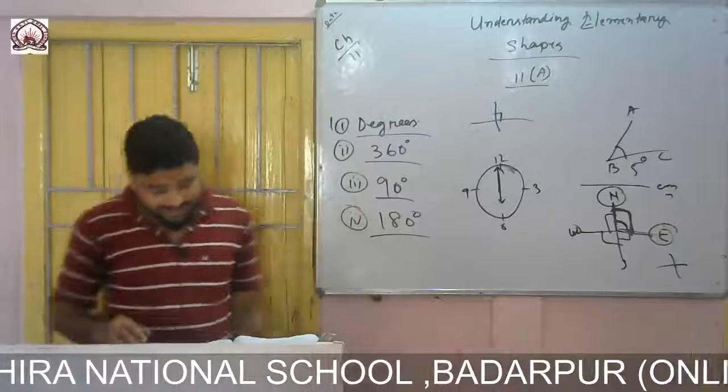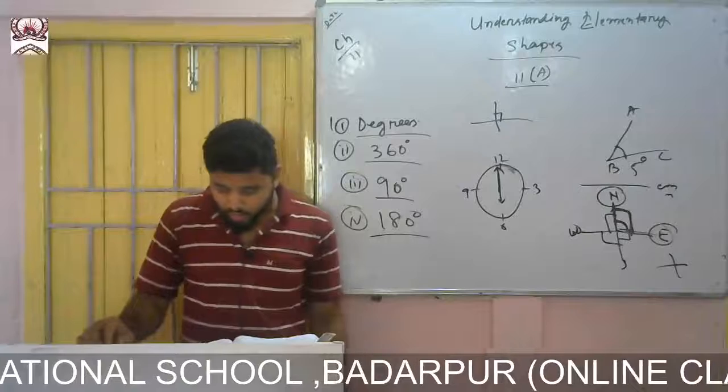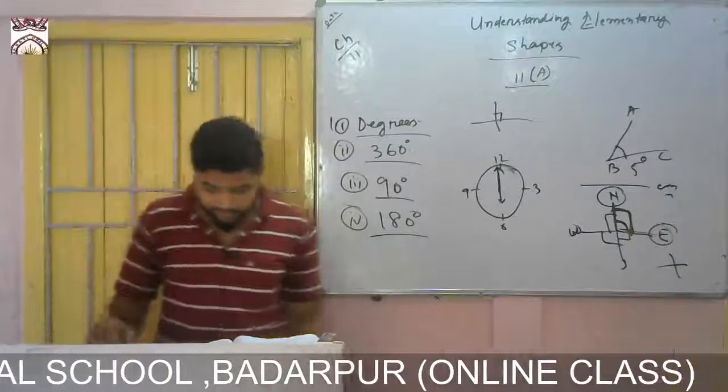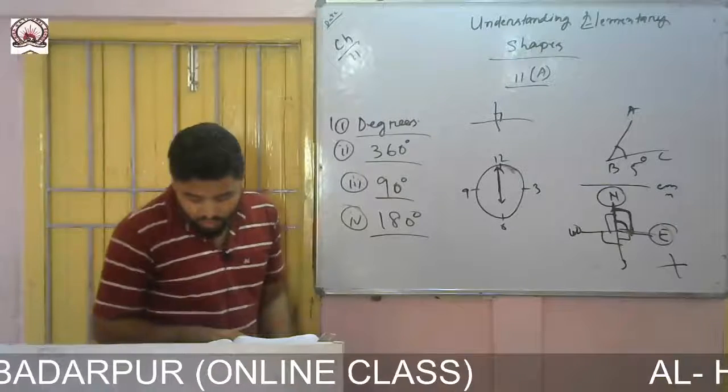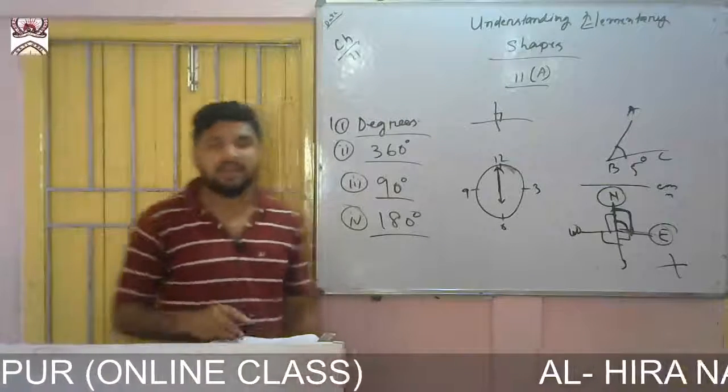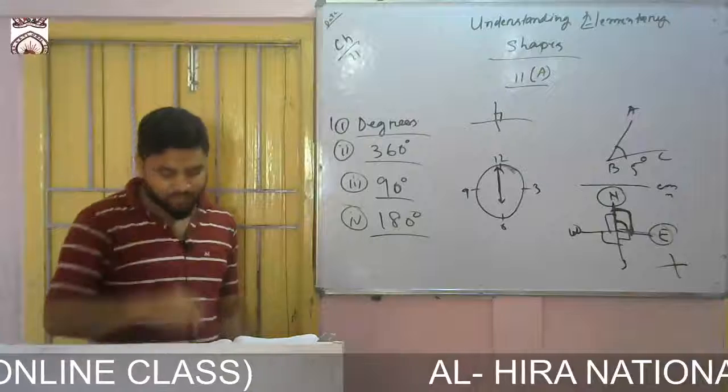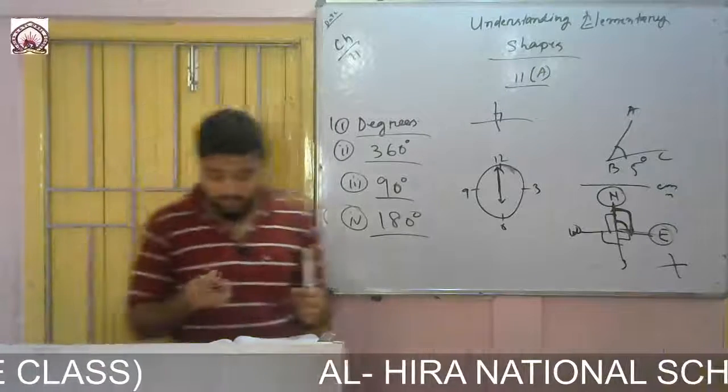Now, the measure of the angle when the minute hand moves by 1 minute. Whenever the minute hand moves 1 minute, in one rotation we get 360 degrees.